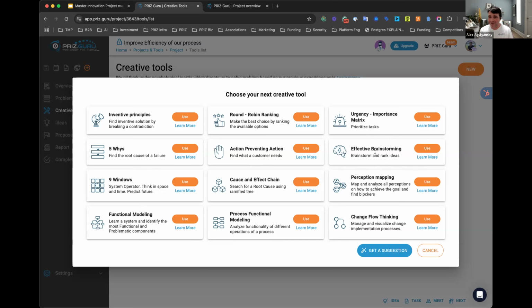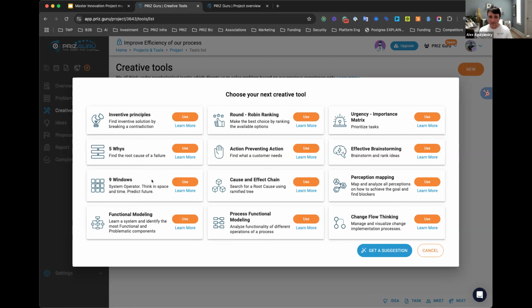Brainstorming is by definition unstructured thinking, people just throwing ideas around, which is not very effective. But we added an additional process to make it a little bit more effective. And people do feel comfortable with brainstorming, just throwing ideas around. But the question is, what do you do with these ideas after, right? So that's effective brainstorming.